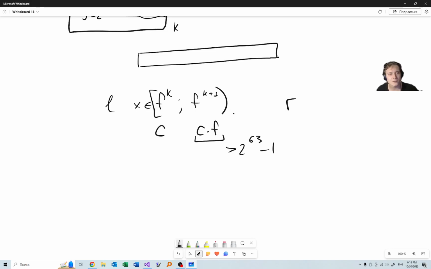So instead of that, what we will be doing is say that instead of C times F, we will multiply C prime times F, where C prime is minimum of C and R over F.